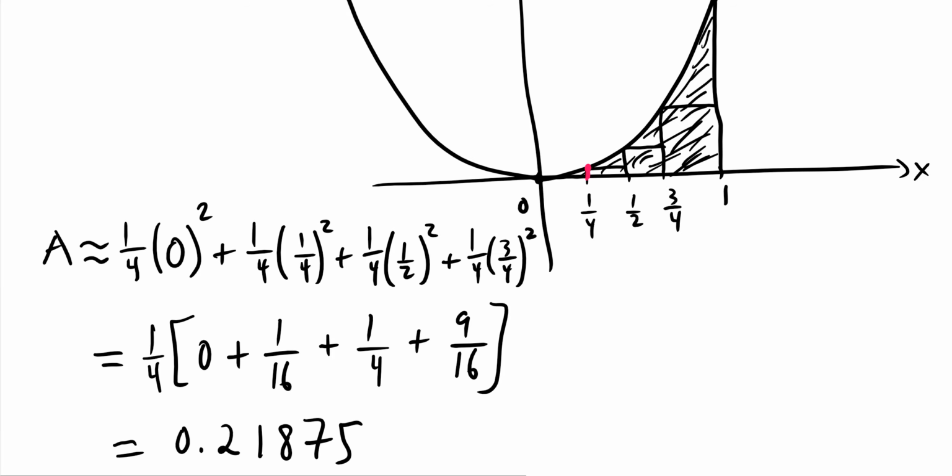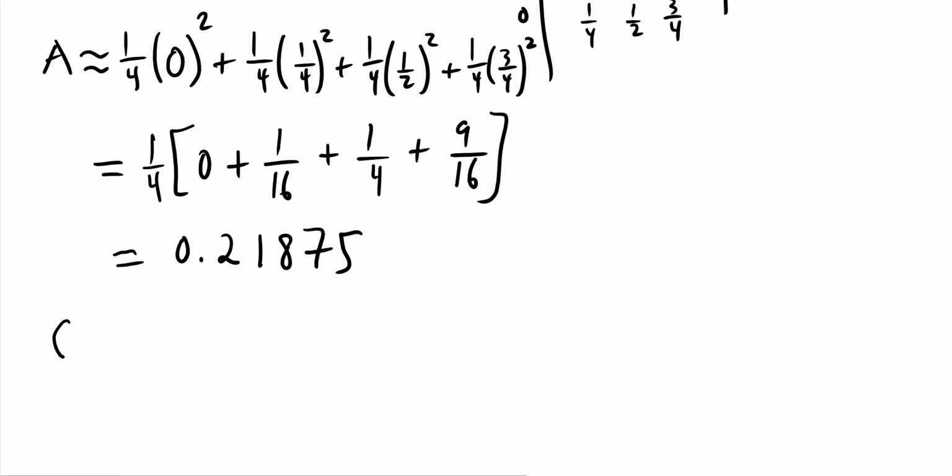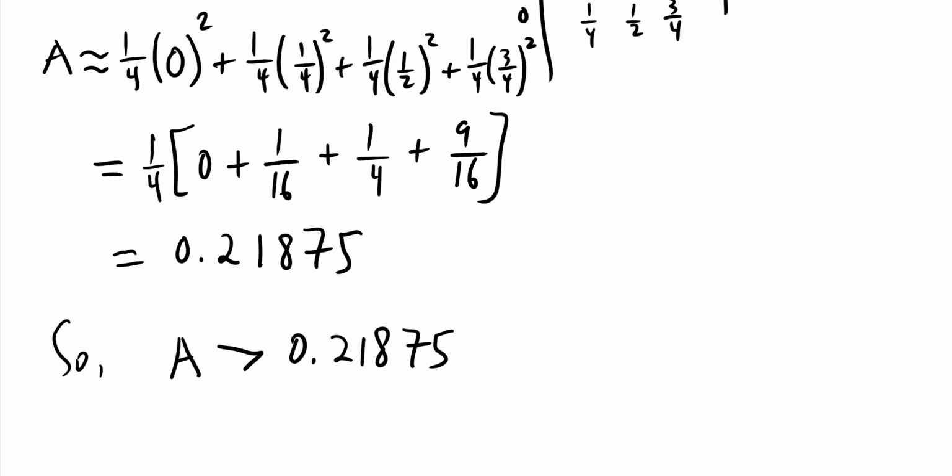But notice the total area of all of them is less than the shaded region because they fall below the curve. So we can say that the actual area is going to be more than 0.21875. So using this method, I was able to put a lower bound.